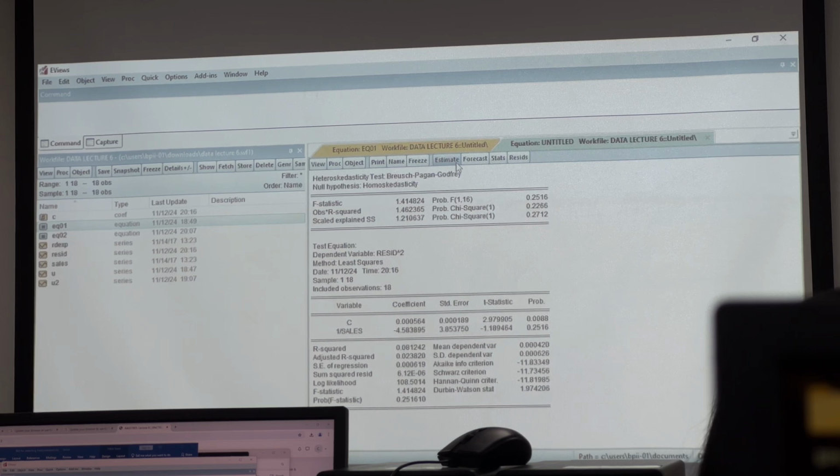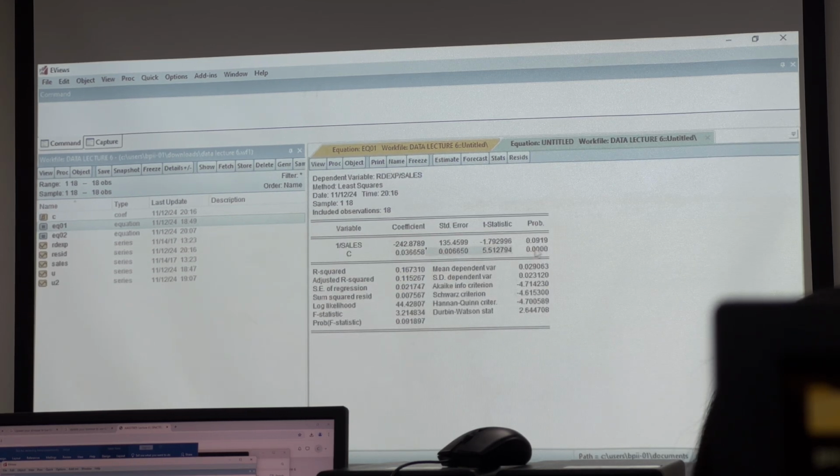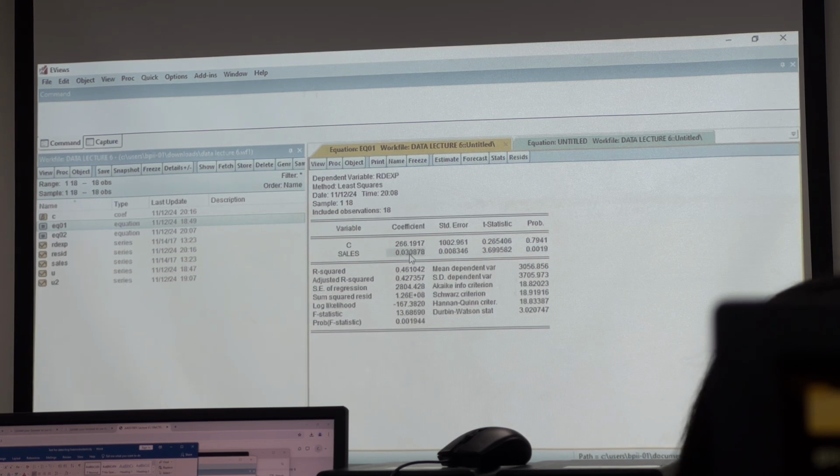So meaning that we can rely on this to perform hypothesis testing. So we reject the null hypothesis, we conclude that sales have a significant influence on R&D expenditure. In terms of estimate, you can just use this one. The slope, the original estimate, is fine. You can use it because it is still unbiased. The problem is on the standard error.